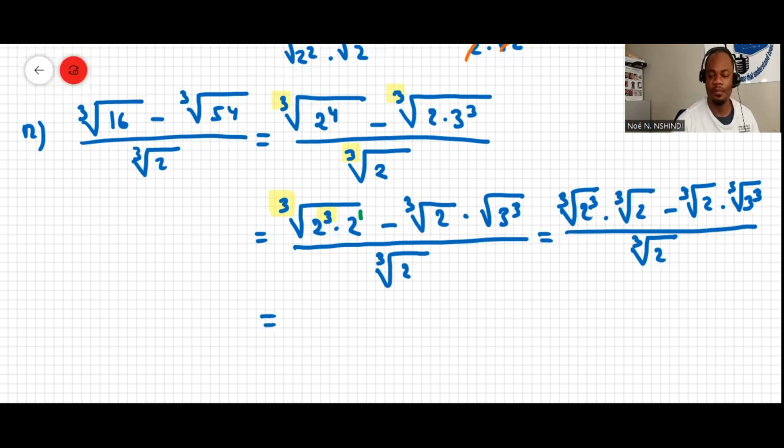Then note that we have a cube root of 2 cubed, cube roots of... nope, we have this should be the common factor, okay?